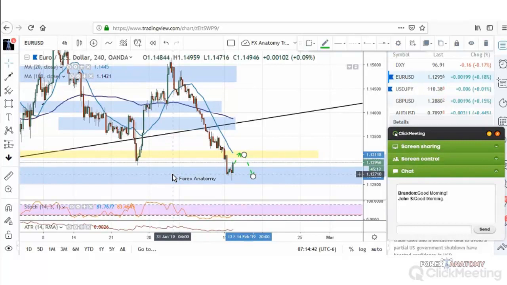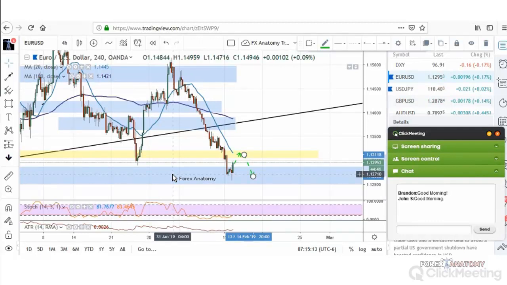But this is a technical session, so I don't want to go too deep into the fundamentals. I know we reserve that for our private members, but there is supportive reason behind why we would short the euro. Wait for a correction and pullback to a technical level of resistance where there are offers that could be placed in that currency pair, and then look to short on bearish confirmation or signs that structure is changing, and you should see a bias lower to the downside.